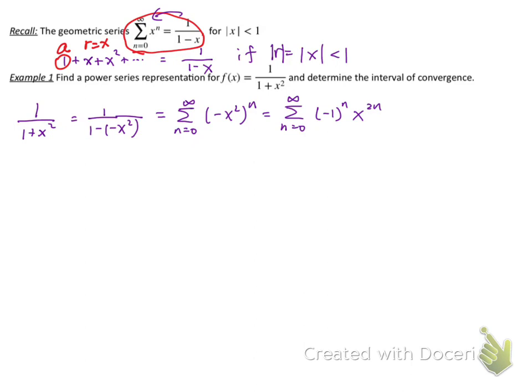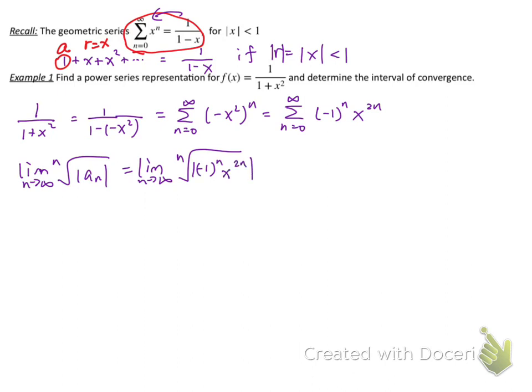Well, you have a power of x, so we can just work on the root of the nth term. The limit of the nth root of the absolute value of the nth term: first you can drop the sign factor, because its absolute value gives 1. So the nth root of just x to the 2n, which is positive anyway, because x squared is positive.